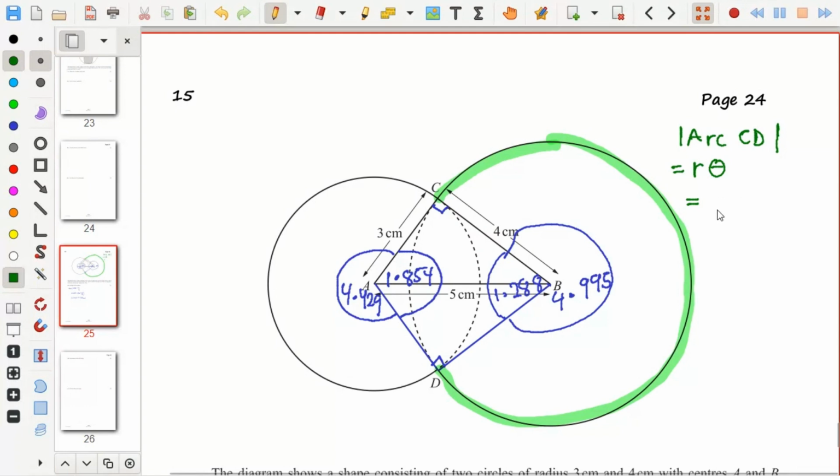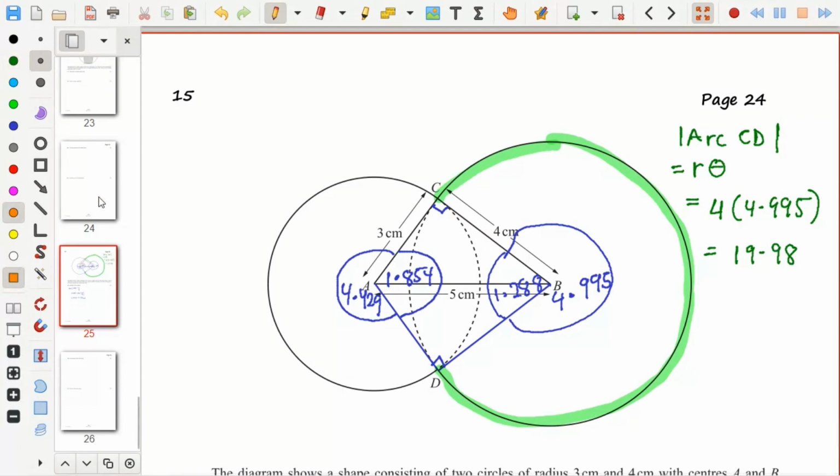So the radius is 4. The angle is 4.995. So let's calculate and see what we get. I'm getting 19.98.